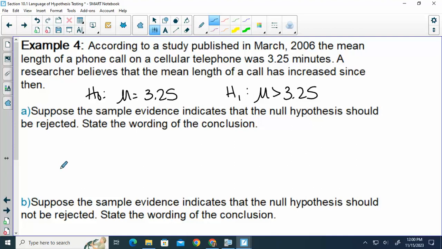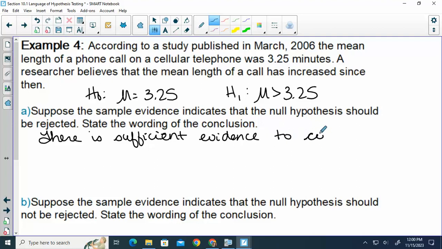So what we would say is there is sufficient evidence to conclude. Okay, so we're rejecting the null, we're going with the alternative.